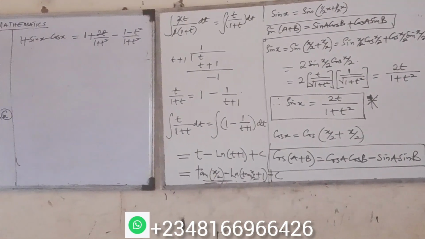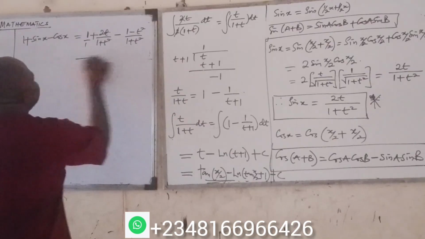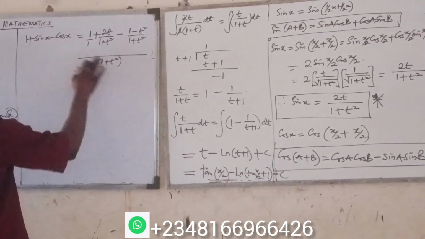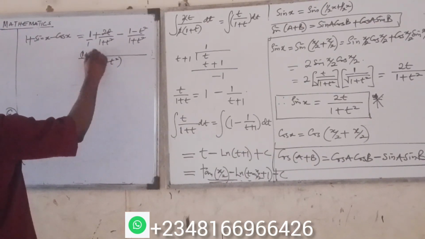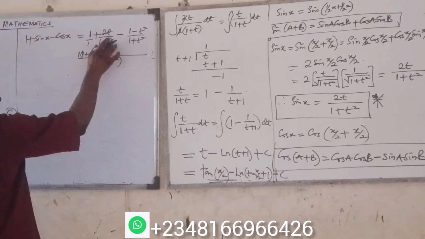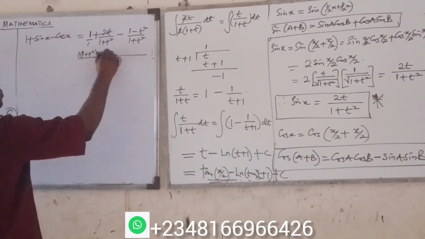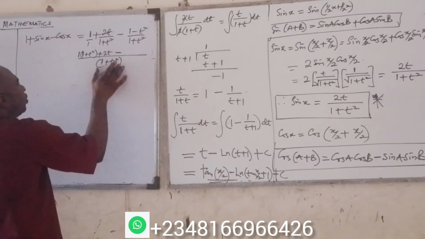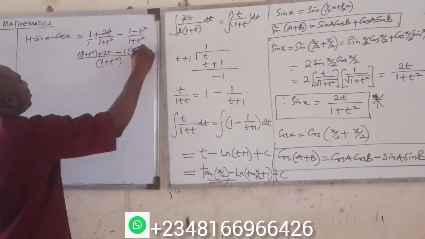So let's put this over 1. The LCM here will be 1 plus t squared. 1 times 1 plus t squared is 1 plus t squared, then plus 2t, minus 1 plus t squared times 1 minus t squared.